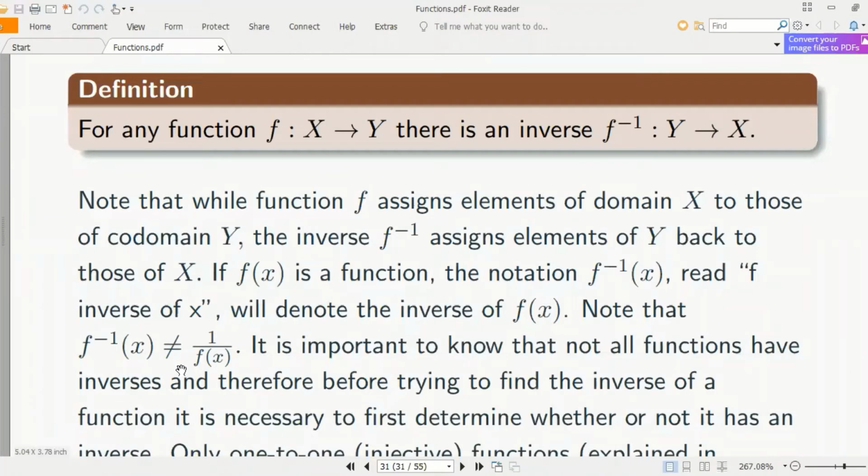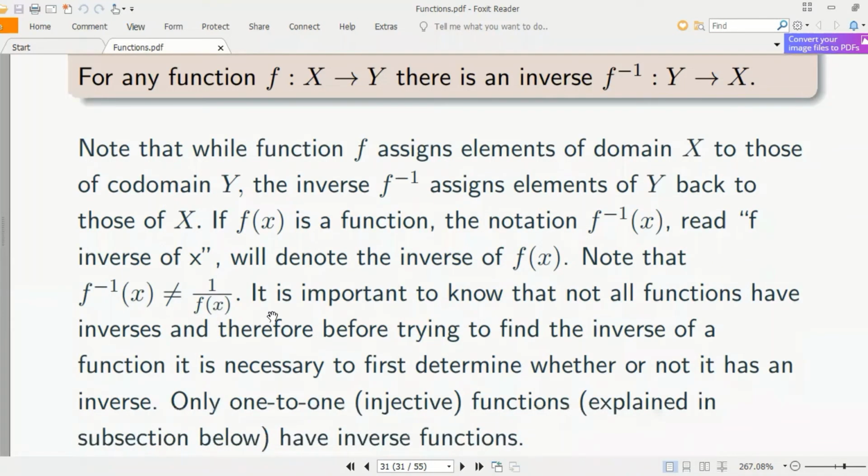Before we go into determining the inverse of a function, we need to know that a function would have an inverse if it's a one-to-one function. So I need first of all to teach you what a one-to-one function is. I've written here that it's important to know that not all functions have inverses.